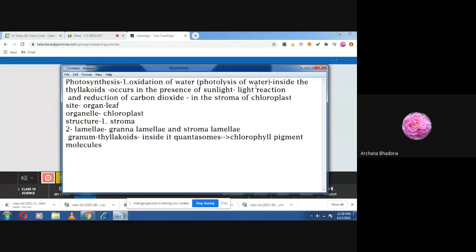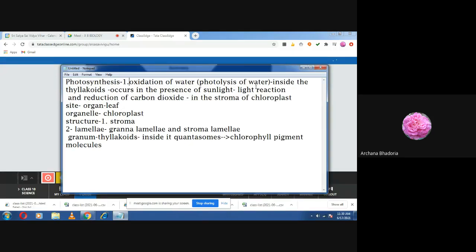So because it needs sunlight, what will be the site of this reaction? Thylakoids. Now I want the particular site. If you say photosynthesis, you can directly say chloroplast.